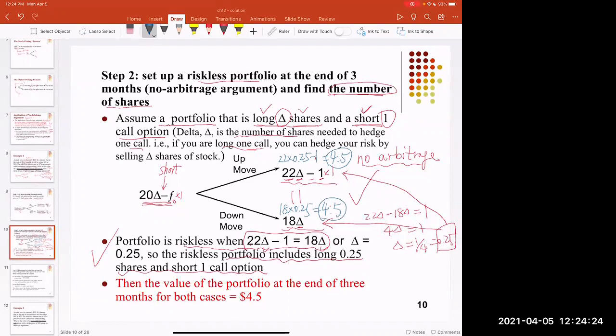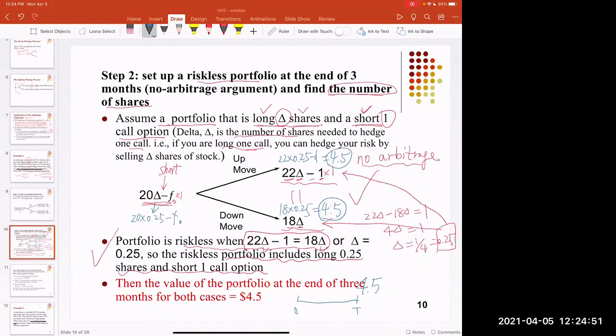So now we can have a portfolio value at 2 times. At time t, the expected payoff, we know that's 4.5, right, for the whole portfolio. And what is the value of the portfolio today? 20 times 0.25 minus F0.